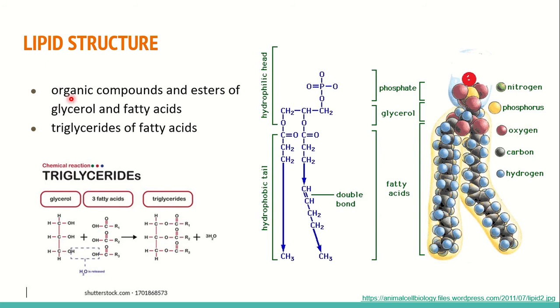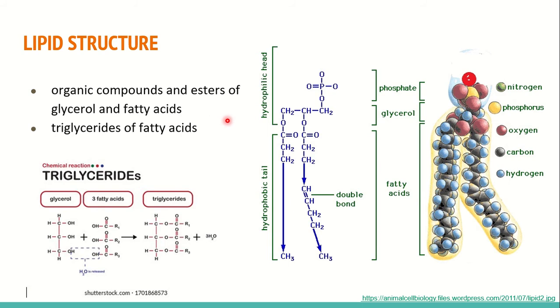Our lipids are actually organic compounds, just like our proteins and carbohydrates. They have carbon atoms in their chemical structure. As you can see here, there are many carbons. They are also esters of glycerol and fatty acids.